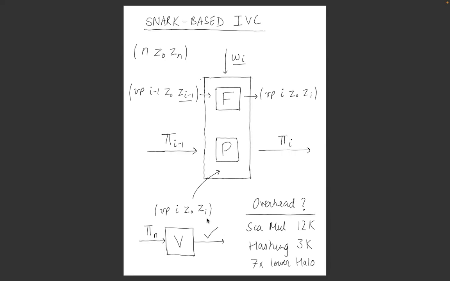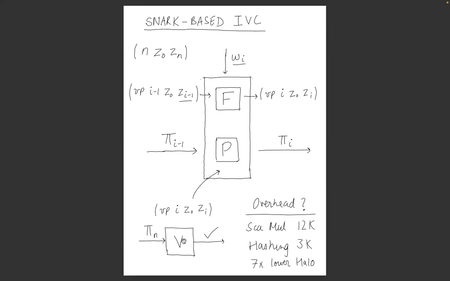And if we do that, and the Nova paper actually does put the verifier inside, they find that their computational overhead is some scalar multiplication, which is 12k constraints. They have to do hashing, which is 3k constraints, and this hashing includes the hashing from the random oracle.